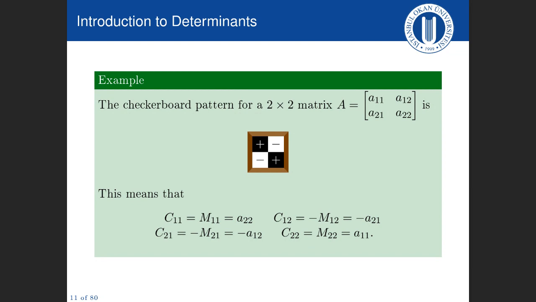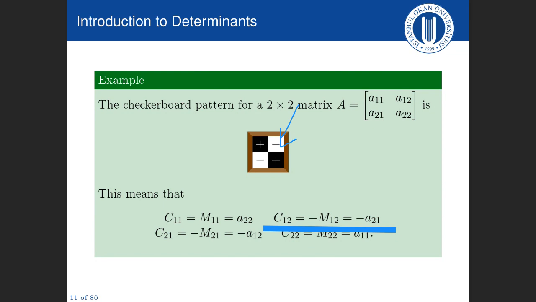So that means that C11 is plus M11. How do we get M11? We cross out the first row and we cross out the first column. That's just A22. And then C12, row 1, column 2, there's a minus sign here.